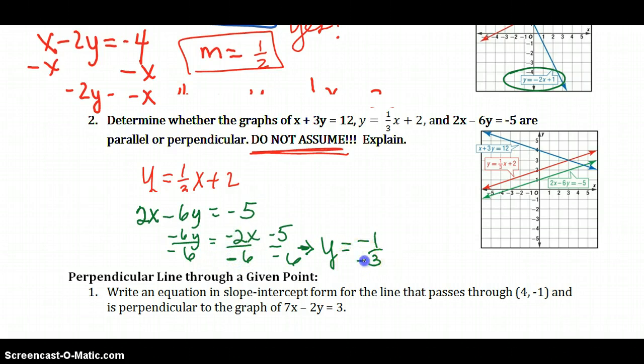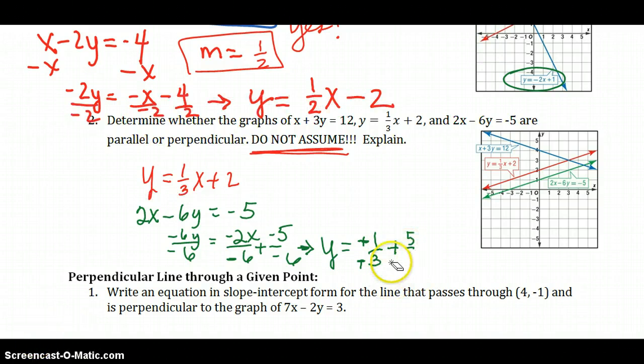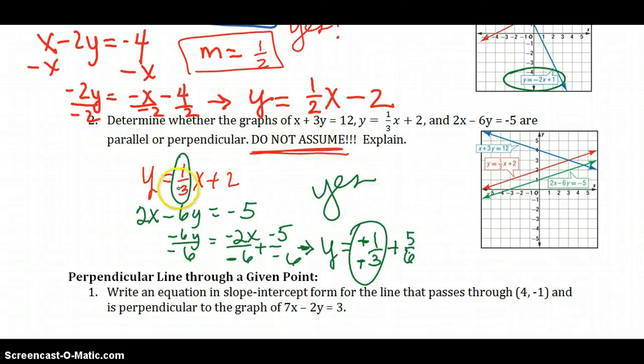So negative over negative is positive 1/3, with negative 5 over negative 6, if I did my work correctly. So you have plus 5 over 6. And do they have the same slope? They do. So yes, these two lines, y equals 1/3 x, the red line and the green line, are parallel.